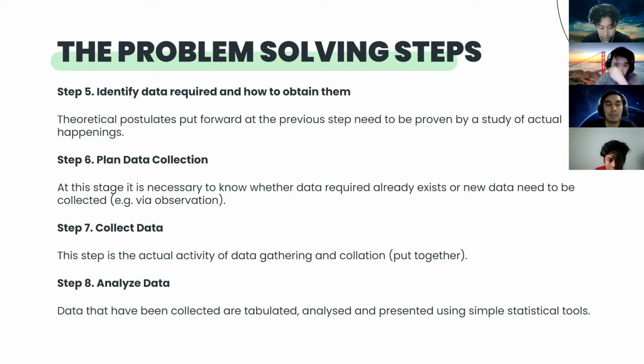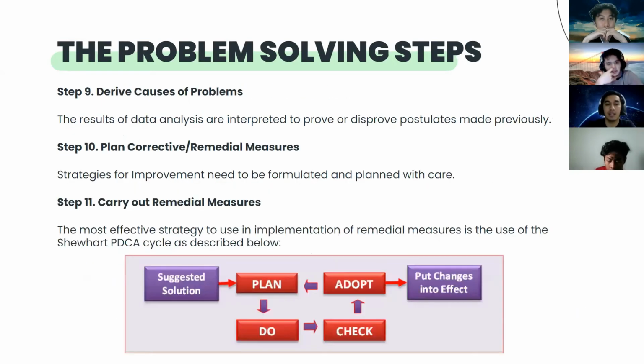So with the planned data collection, you need to gain more data than we already have. After that, start collecting more data and analyze the data that you just got and try to derive the cause of the problem, and then plan the corrective remedial measure.